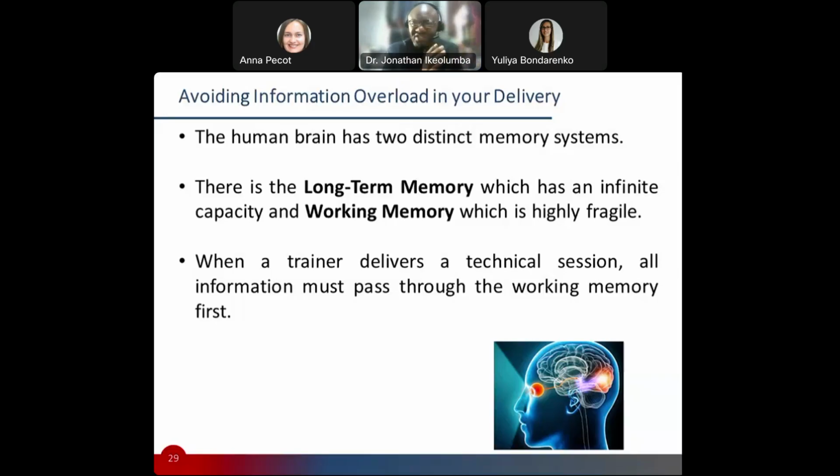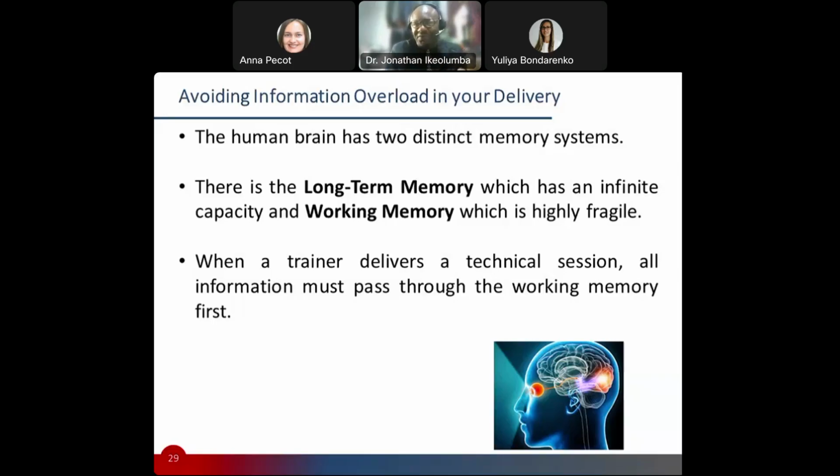Now, what's also interesting is that another part of the brain is the working memory, and that's the fragile bit, right? The way it works in training, and this is very important for trainers, is that when you train, information goes first into the working memory, which is the fragile part that doesn't have the capacity to store a lot, before it goes to the long-term memory.